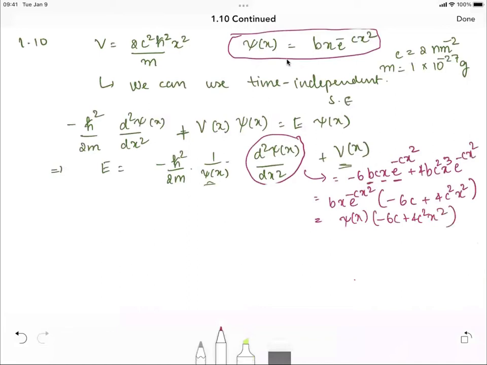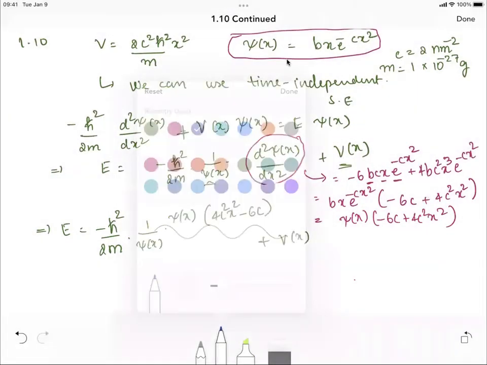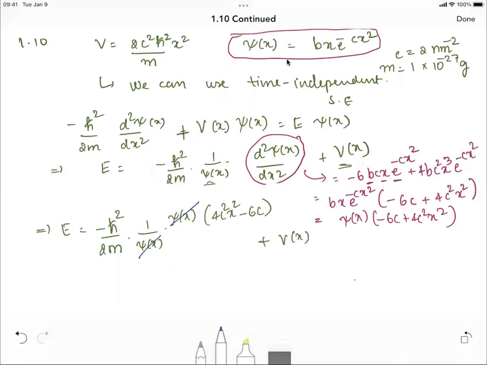So if I were to go back to computing the energy with all of this information, this can be written as psi of x times 4c squared x squared minus 6c, plus a V of x. So I'm going to beautifully cancel the psi of x terms here.